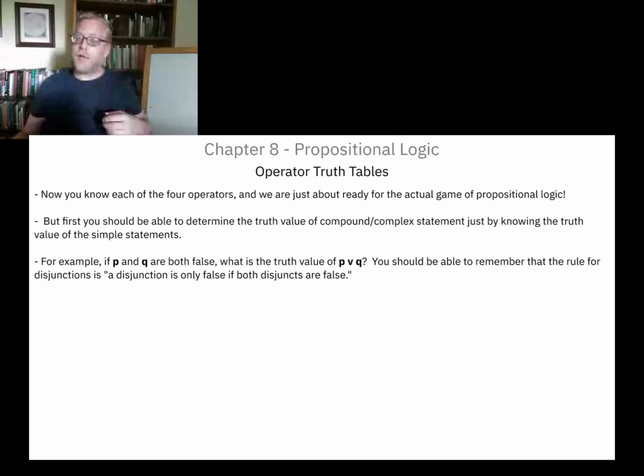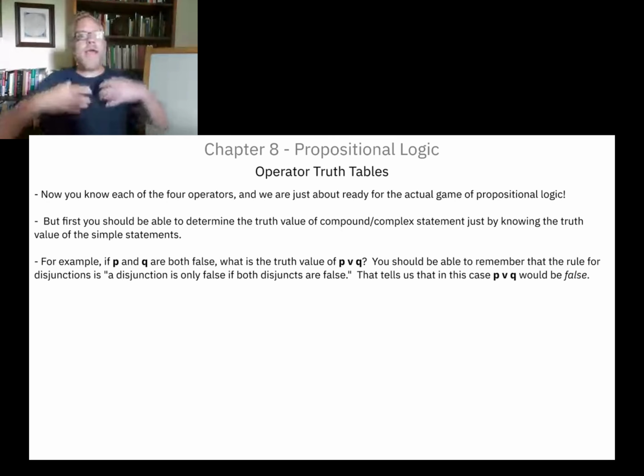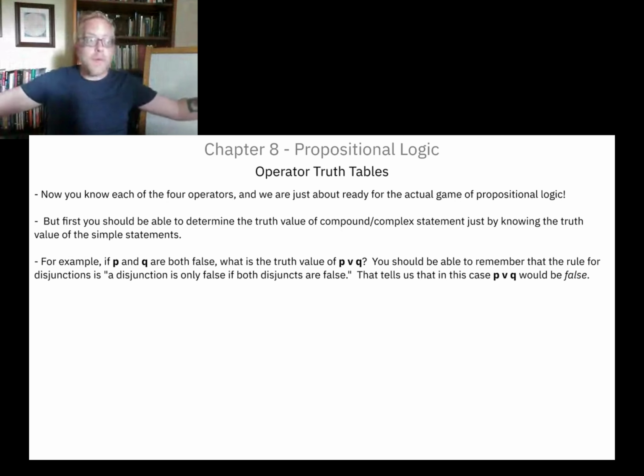And here we're saying P and Q are both false. So you should be able to infer, use your logical mind, that P or Q, that statement would be false. If I'm in a world where P and Q are not true, and I say, hey, everybody, either P or Q is true, maybe both, then I said something false, because it's not true.